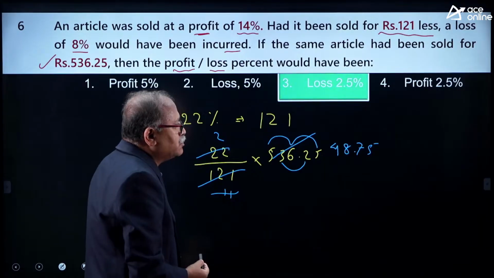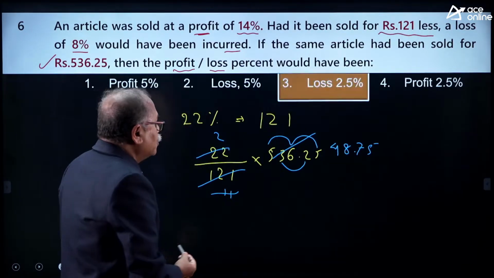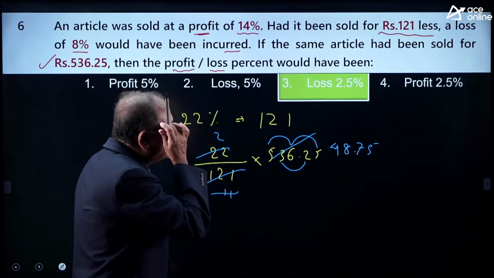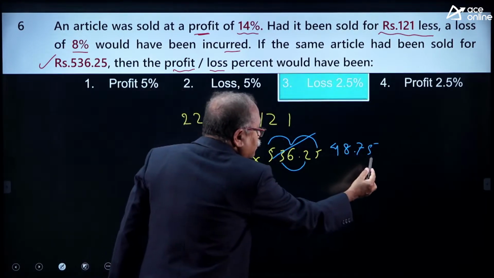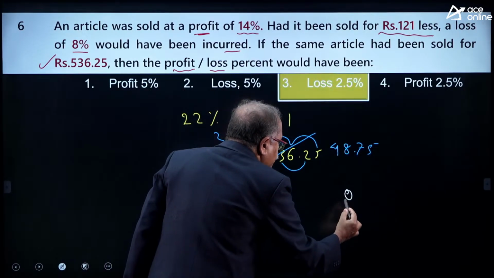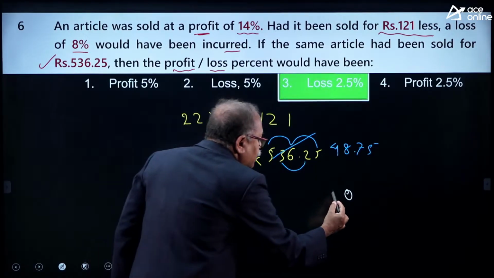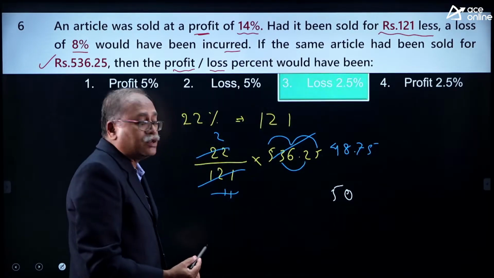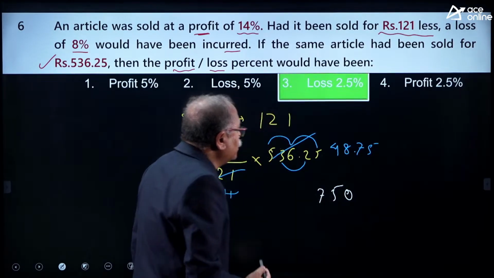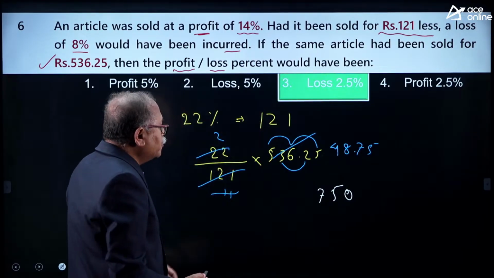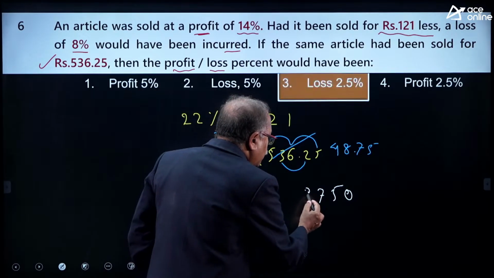Now, why was I hesitating? Let us multiply this and see what happens. 2 5 10 carry 1, 2 7 14 and 1 15 carry 1, 2 8 16 and 1 17 carry 1, and 2 4 8 plus 1 is 9.